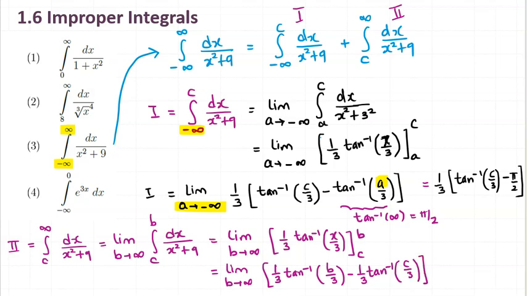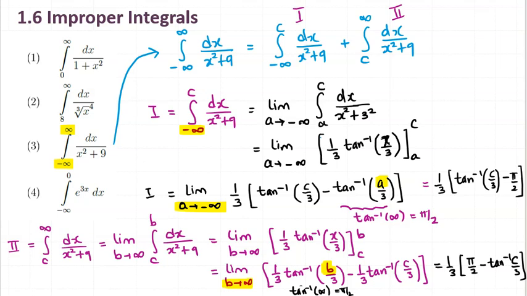Again, when we replace b by infinity, this term becomes tan inverse of infinity, which is pi by 2. So this gives us the value as 1 over 3 [pi by 2 minus tan inverse of c over 3]. Okay, so this is the answer for part 2.